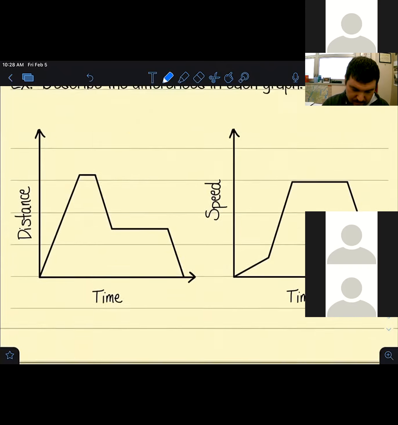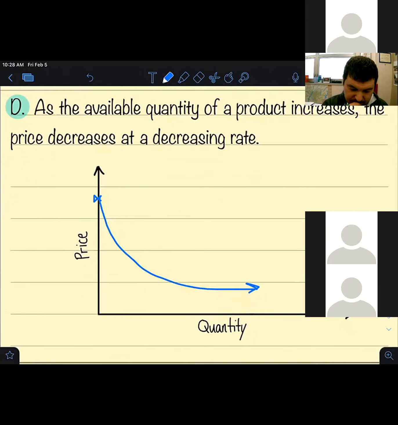Okay. And so if we think about this story here, as something becomes more available, it's going to lower the price. Think about maybe the latest iPhone gets released, and they're going to charge a lot for it because nobody has it, right? And everybody wants it.